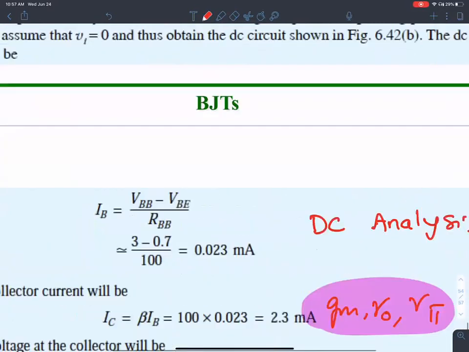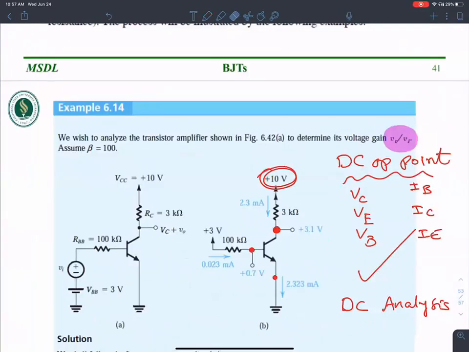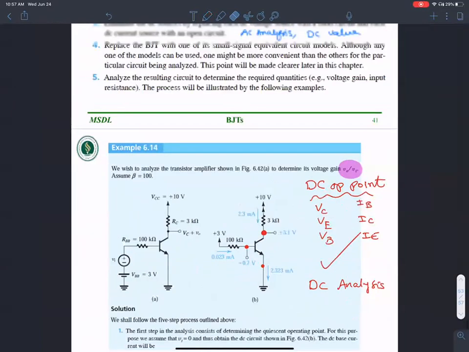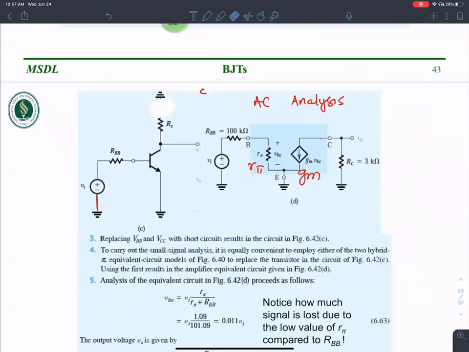In order to do the AC analysis, I want to tie this to ground to deactivate it, and that's the reason why you see that going to ground. So now this circuit is ready for small signal analysis. I replaced this BJT with its small signal model.